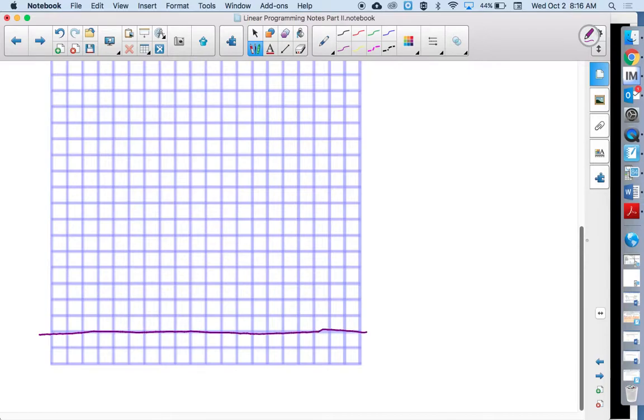Make sure you label each axis. So the X would be the bowls, the Y is the plates, and then just label a couple of those to show what you're counting by.